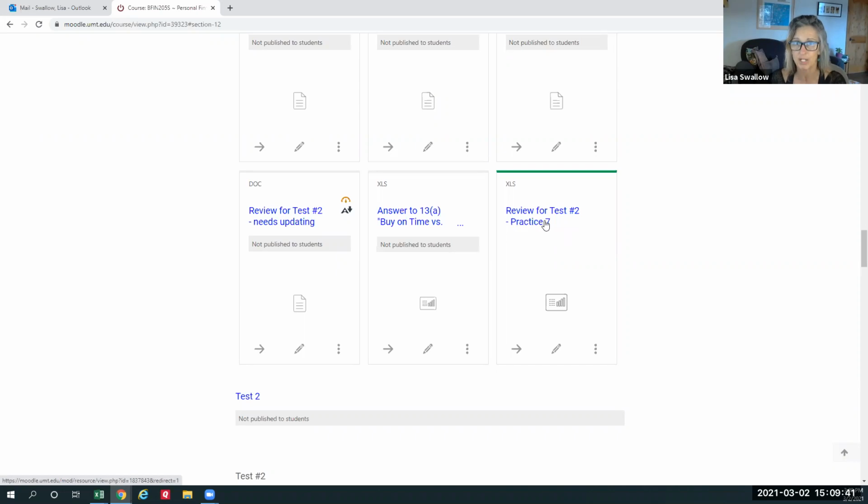The numbers part is here other than a bank rec. So you need to make sure you know how to do a bank reconciliation. You will absolutely have a bank statement and then the worksheet, and you'll need to do that.